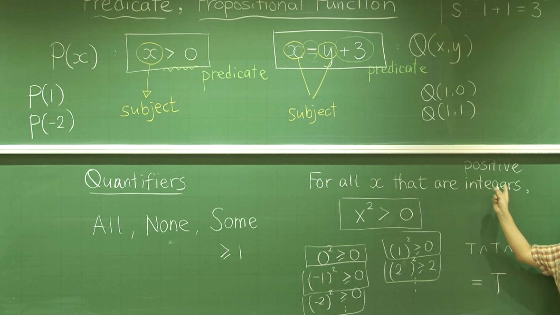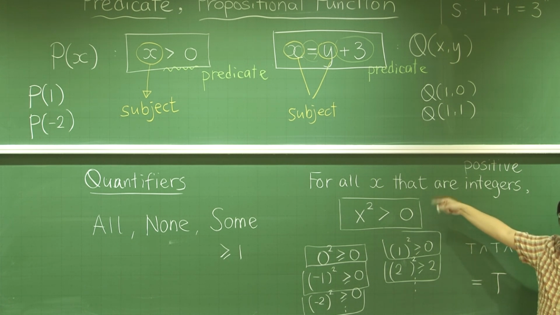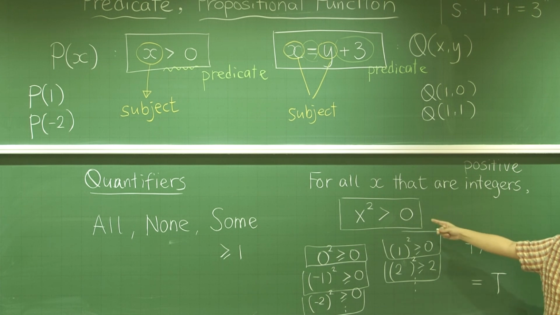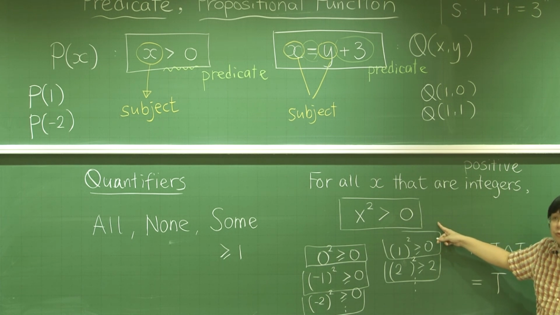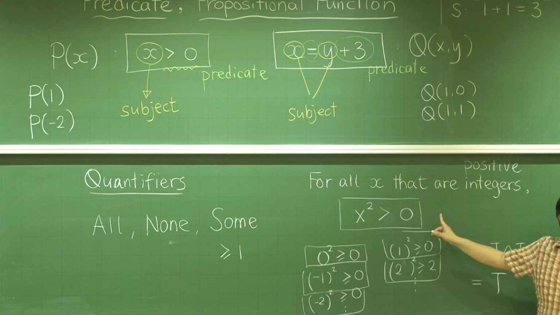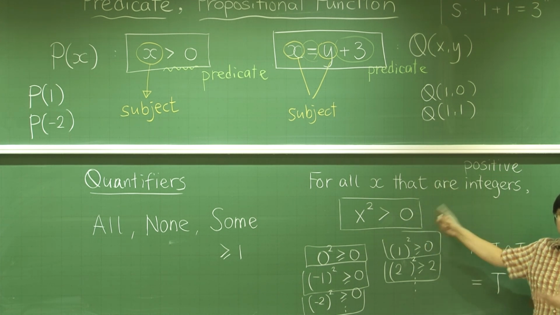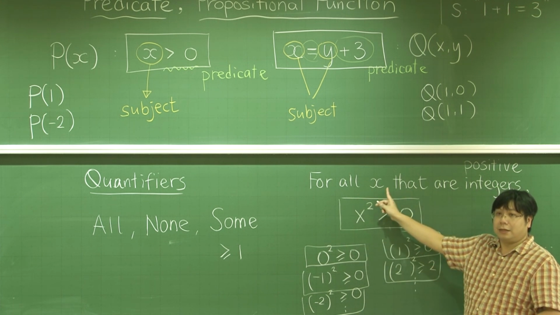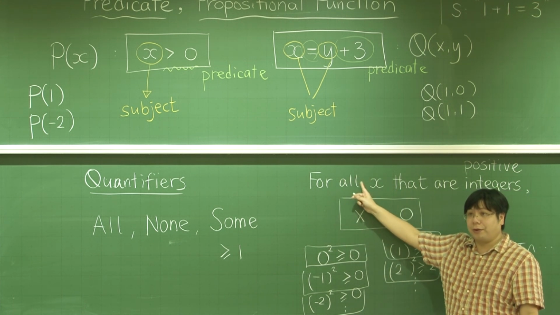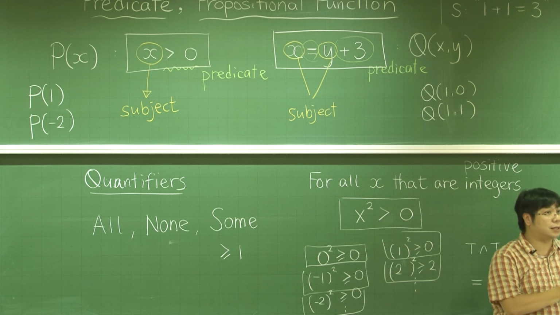But now, if I only focus on the value of x that are positive integers, then in that case, we omit the case of 0. And suddenly it becomes true. Is that okay? So we are still talking about for all x px. This is still in that form. The px is this part. The for all x is still this part. We are still talking about the same for all x px.